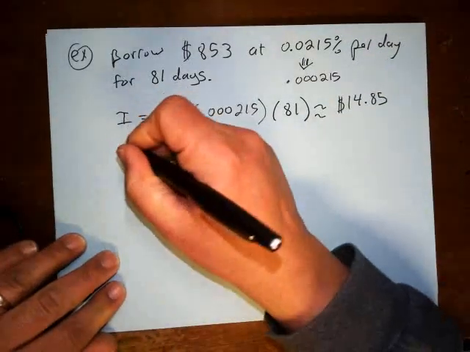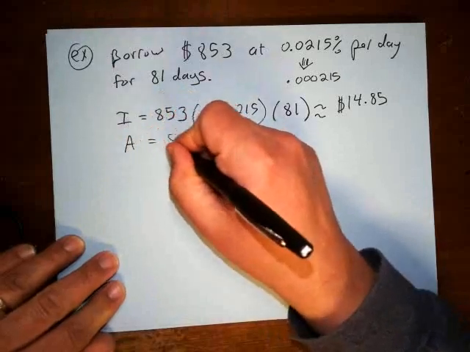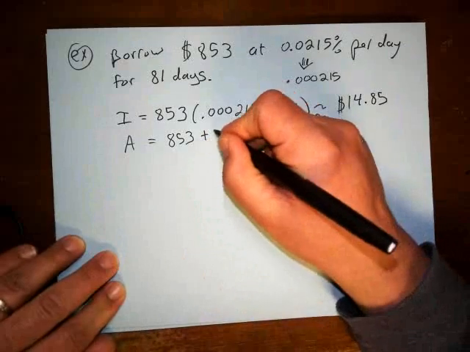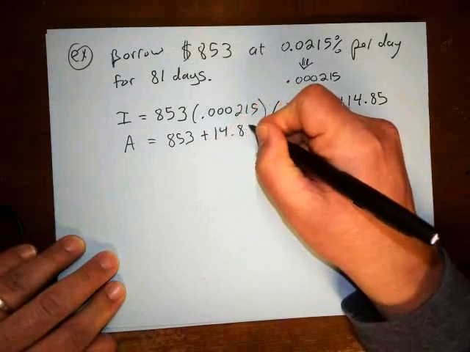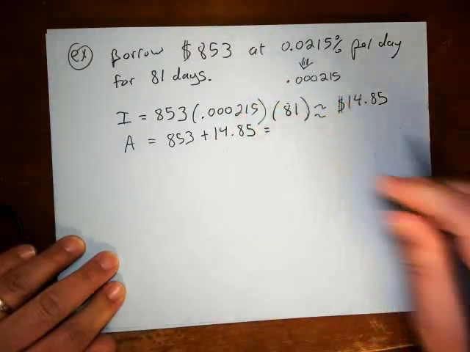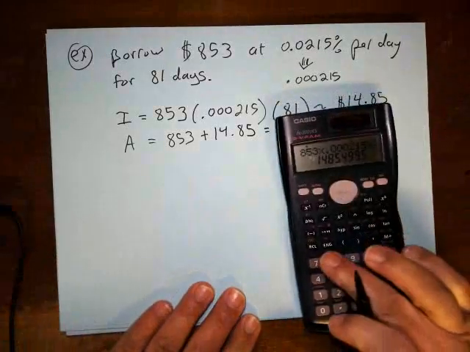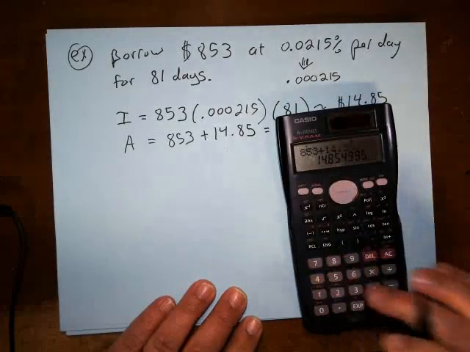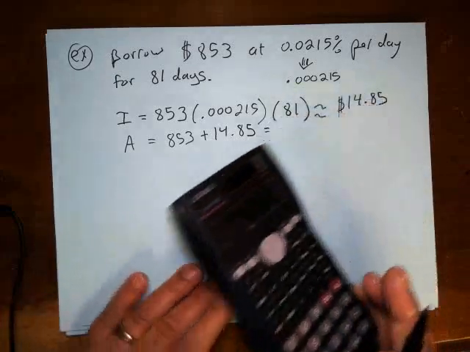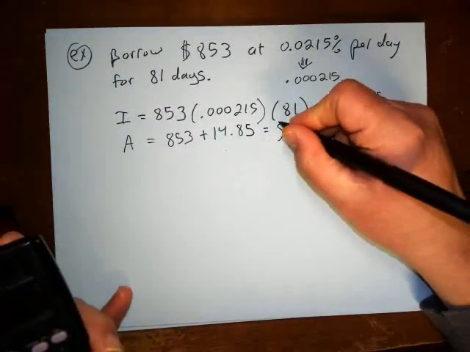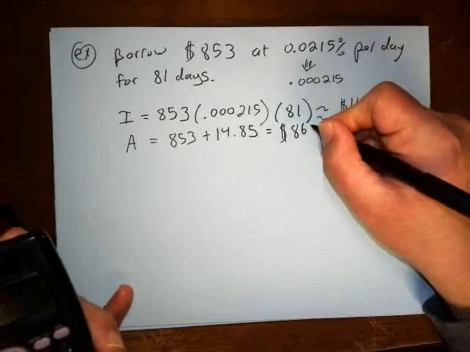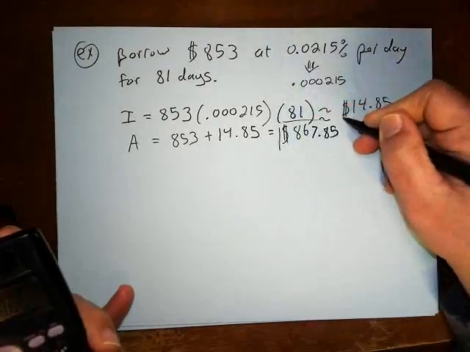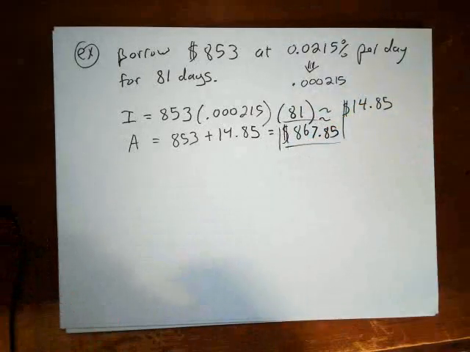Okay, and so the amount that I owe in this case would be 853 plus 14.85. So 853 plus 14.85 would be $867.85, and that's how much I would owe when the loan matures.